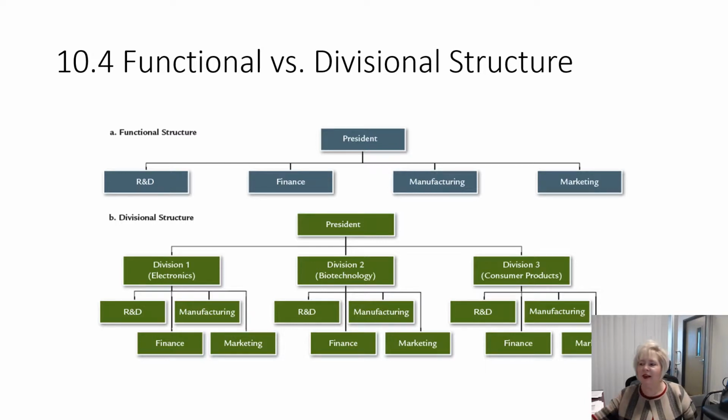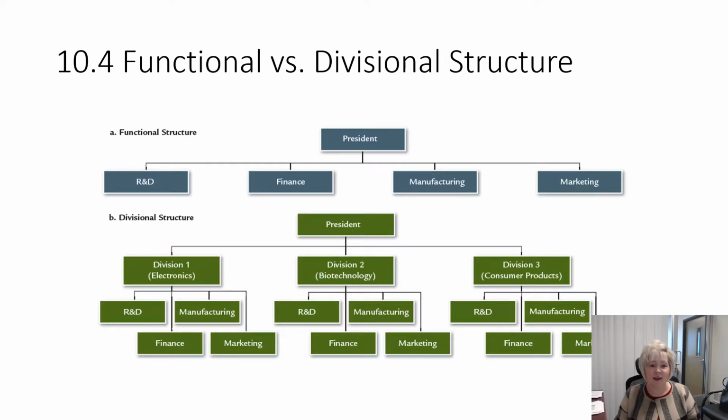Now, there are some advantages and disadvantages to the functional structure. The first is that there's a very fast response rate in having this flat structure, and that the structure is flexible in an unstable environment, and that this particular structure fosters concern for customer needs, and it has excellent coordination across functional departments.